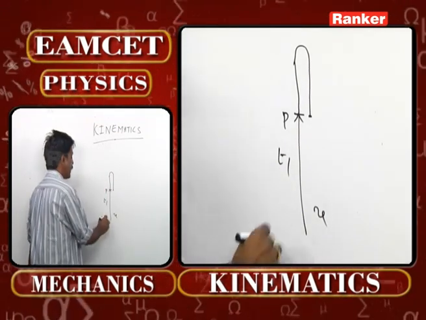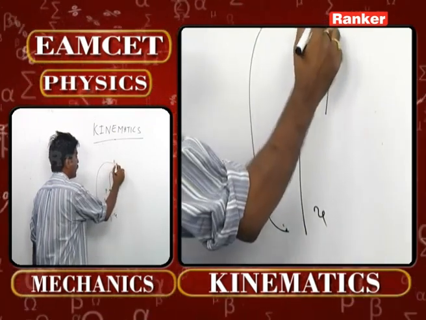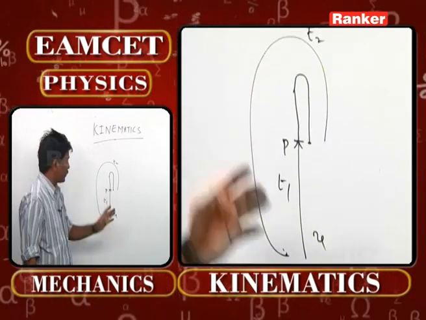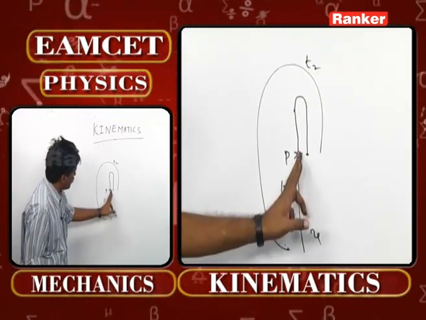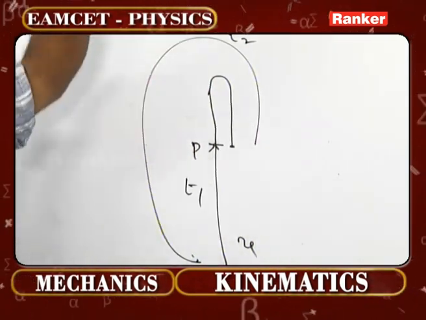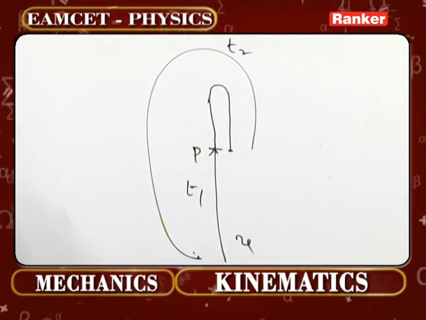After t2 seconds, total time taken from here to here is t2 seconds. So, the particle projected vertically upwards crosses the point P in upward journey after t1 seconds and crosses the same point P after t2 seconds in the downward journey.